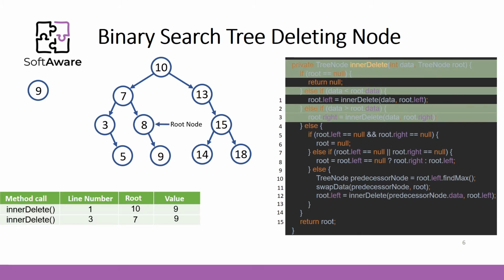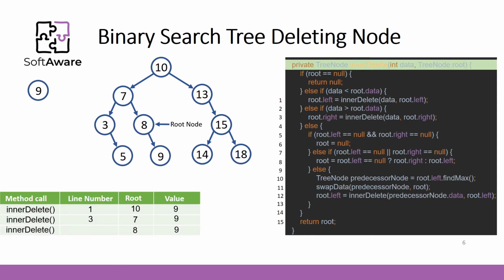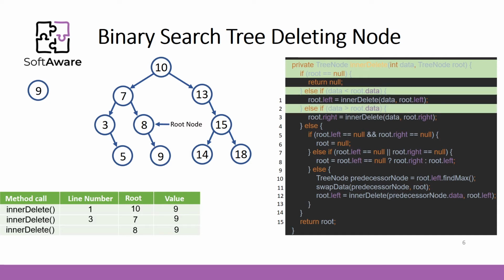At this recursive call, we know that root is now 8 and the data element we are looking for is 9. We basically do the same checks until we find that the root node value is the same as the value we are looking for. So again, same checks, this time with root of 8 and value of 9. We skip the first else-if statement and go to the right subtree of 8.